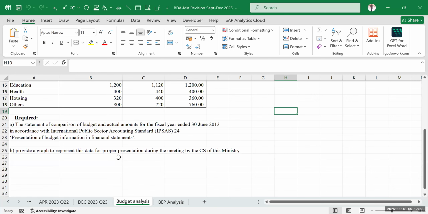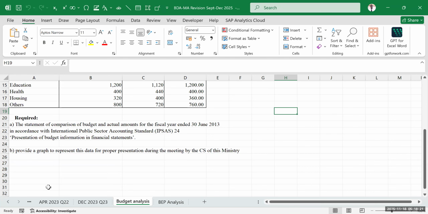So we need to do a statement of comparison of budget and actual amounts for that year. So presentation of budget information in financial statements, that is IPSAS 24. That is the concept the examiner is testing on.